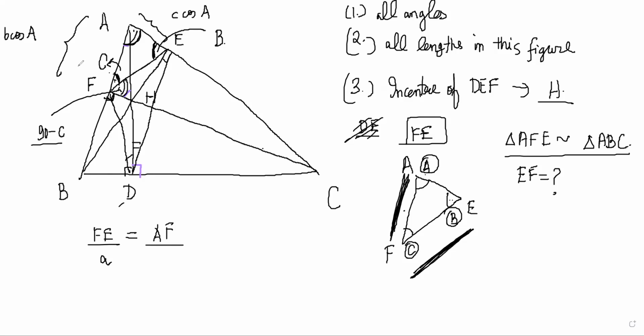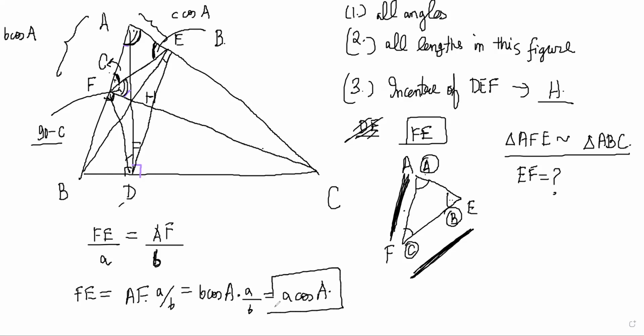AC, which is side small b. So FE is coming out to be AF into a by b, right? And AF is what? AF is b cos A. So it is a cos A.